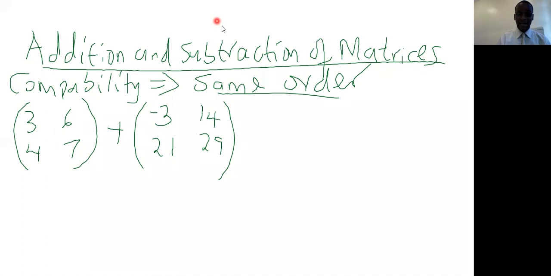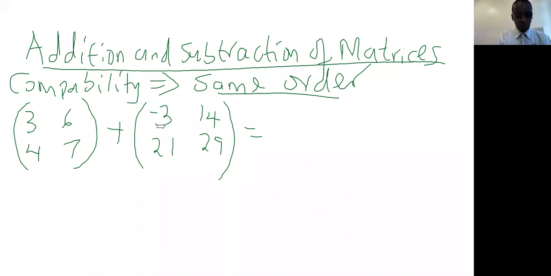The way we add, we take the numbers which are at the same position and we add them. Here we have 3 and we have negative 3 at the same position. We call it matrix A1, and this is B1.